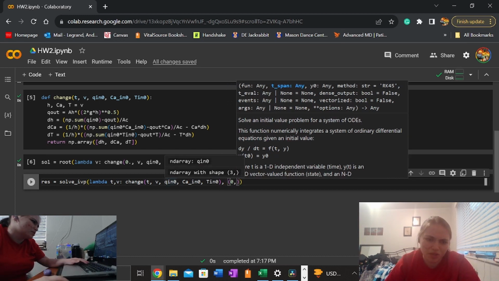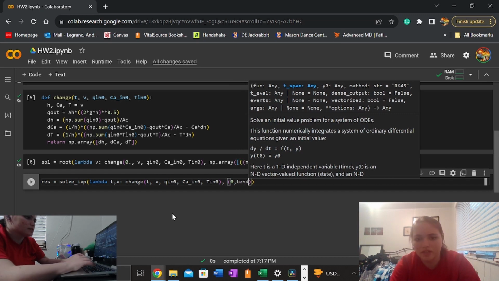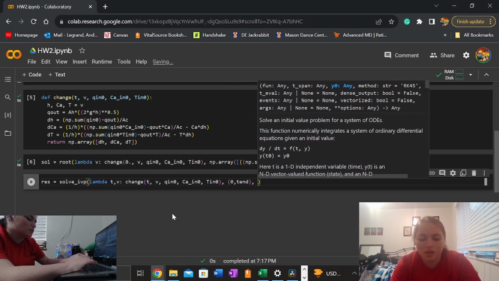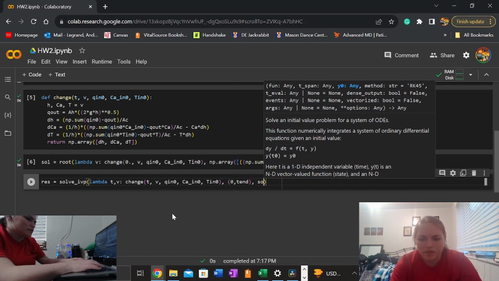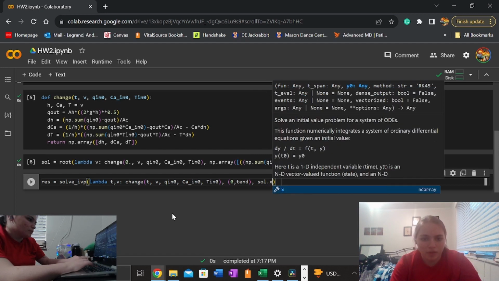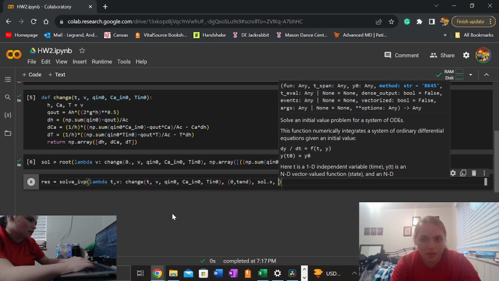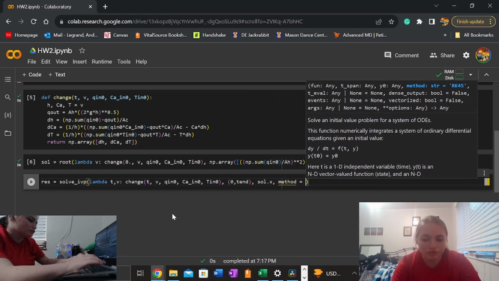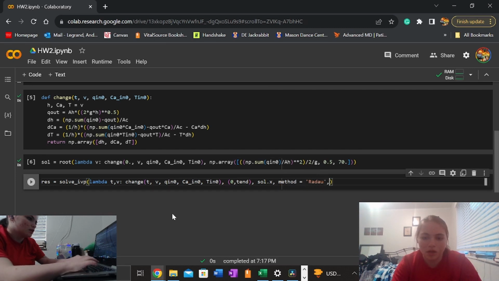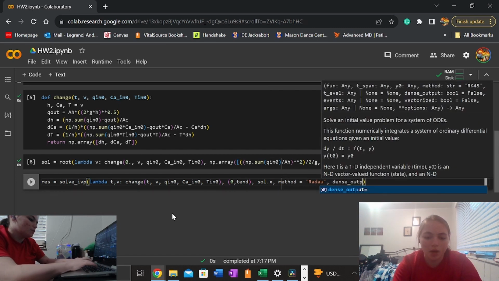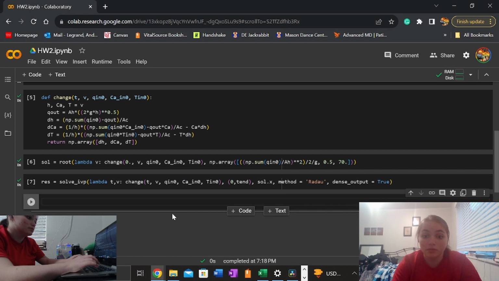I don't know if I actually need to put those in. It might just be change. If it yells at me, I'll try that. And then we have our y initial, which I believe is our solve x. Oh, sorry, my phone vibrated. And then method is Radau, and then dense_output is equal to true. Shift enter. Oh, it's not mad about it. Maybe that worked. I don't know.